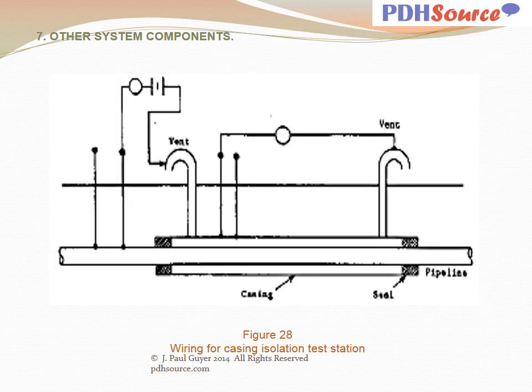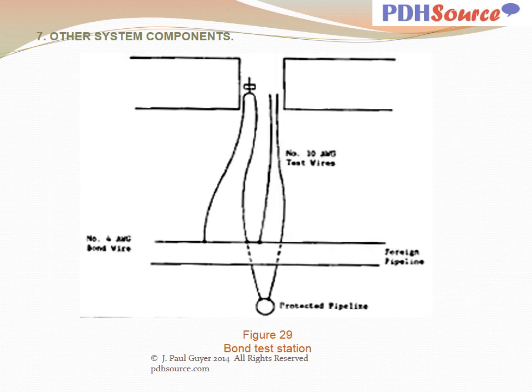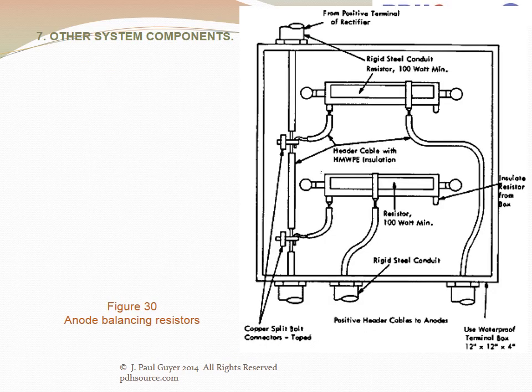Figure 28 indicates wiring for casing isolation test station. Figure 29 indicates a bond test station. Figure 30 indicates an anode balancing resistors station.